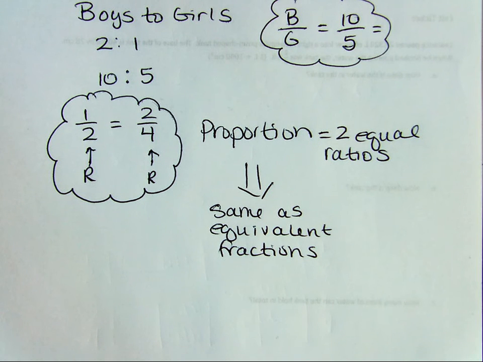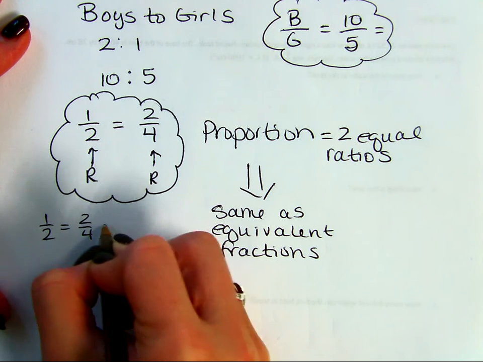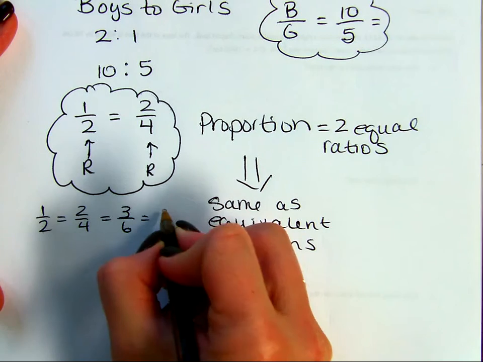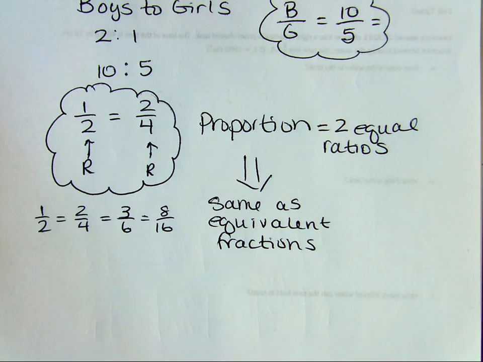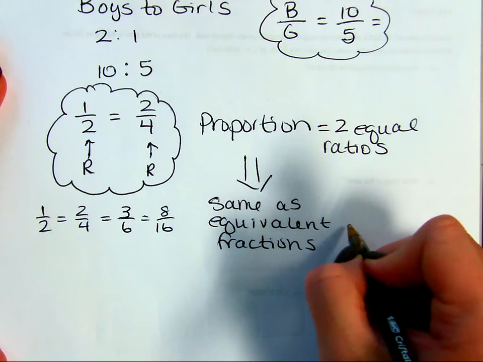Yeah. Could there be more than 2? Could there be like 3 or 4? Yeah, absolutely. I could just keep taking 1/2 and make it 2/4 and make it 3/6. Give me another one. 8/16. Absolutely. I could keep going and going and going. Yep. So that all is a big proportion. So it's the same as equivalent fractions.